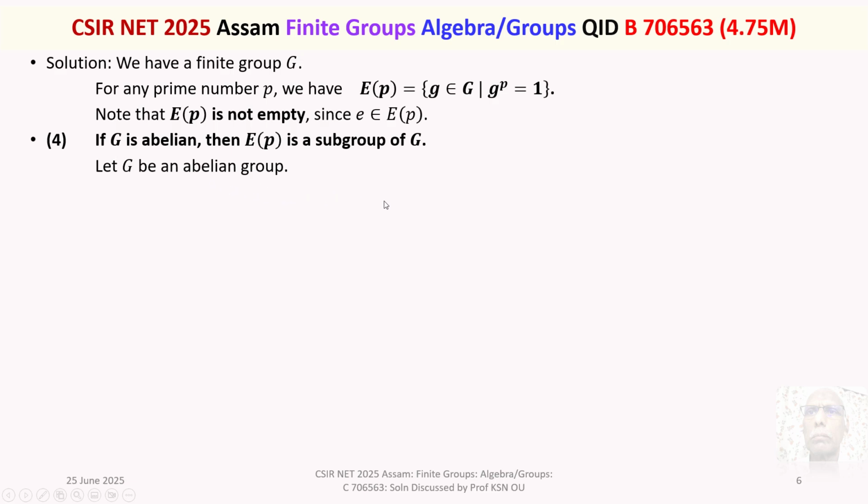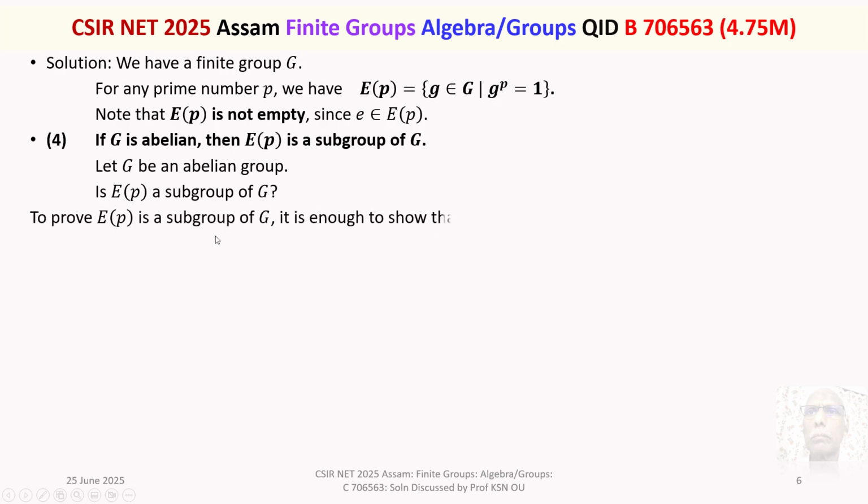That means ab is equal to ba for all a, b belongs to G. The question we are asking is, is E of P a subgroup of G? So I want to prove E of P is a subgroup of G. Now, because G is a finite group, it is sufficient to show that E of P is closed. There is no need of showing the inverse also belongs to it. One condition is sufficient.